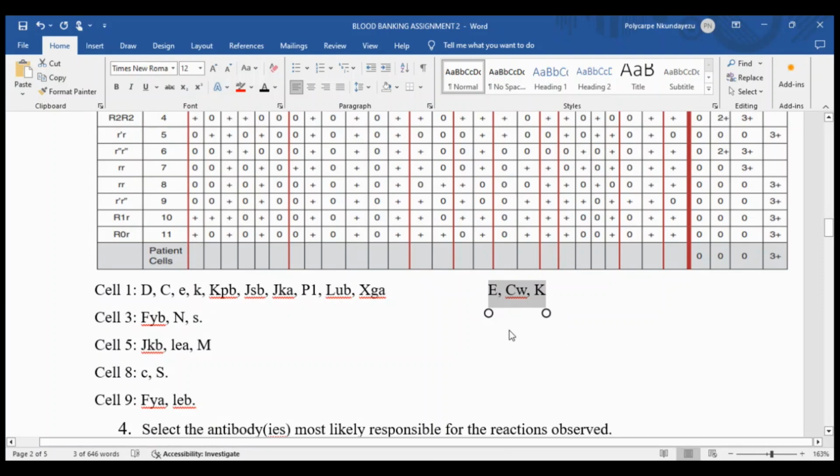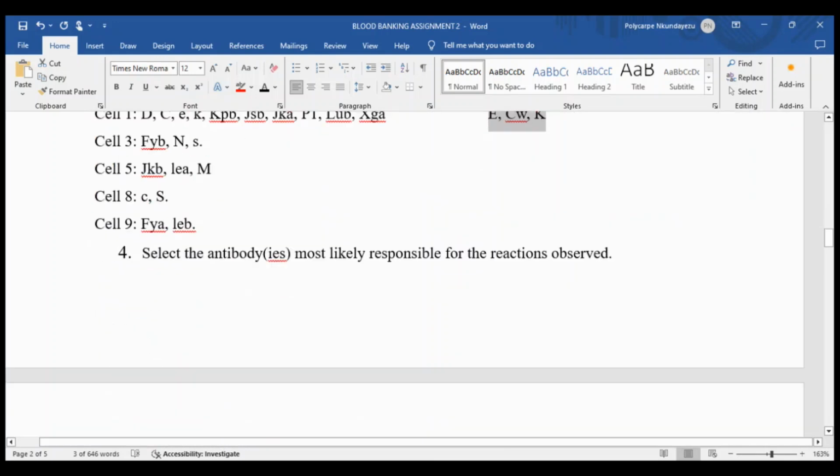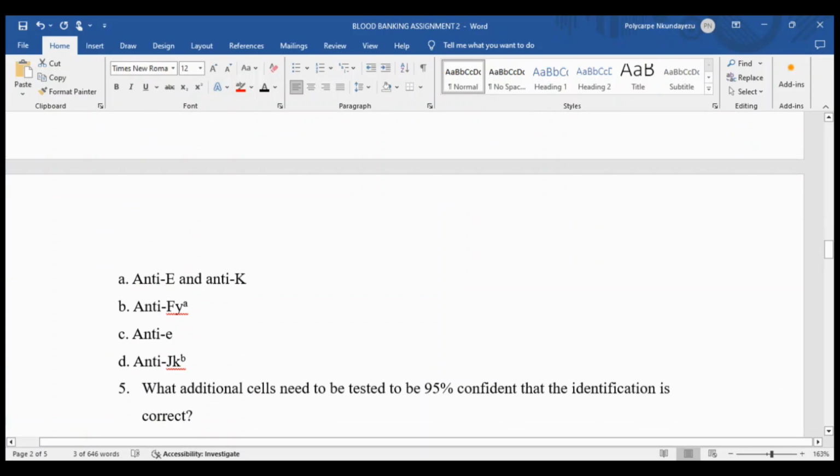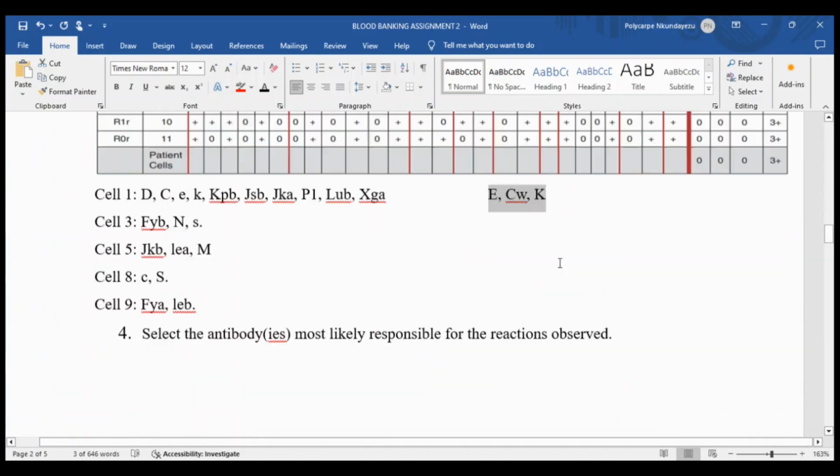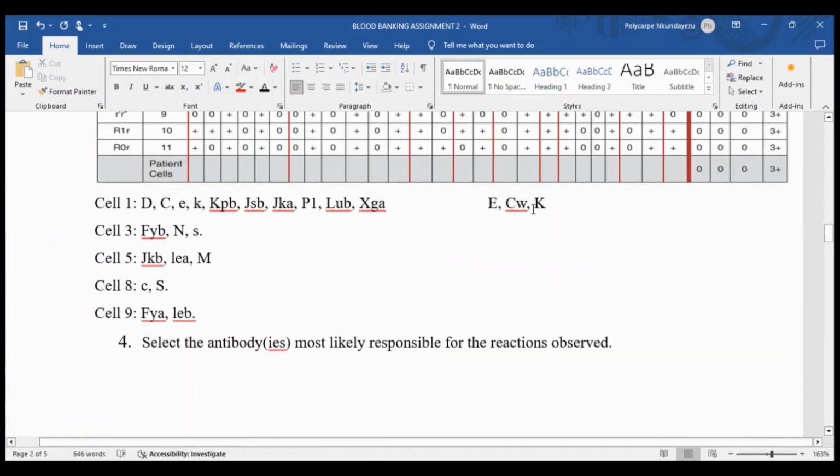Now, we are going to select, as you remember, CW is not usually considered because CW is a low prevalence antigen. Even if it is not excluded, it doesn't mean that the reaction observed is associated with the CW. We have to differentiate between CW being insignificant and CW being irresponsible.